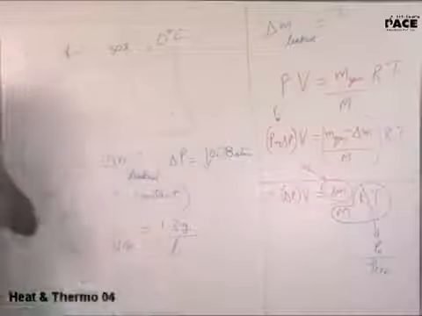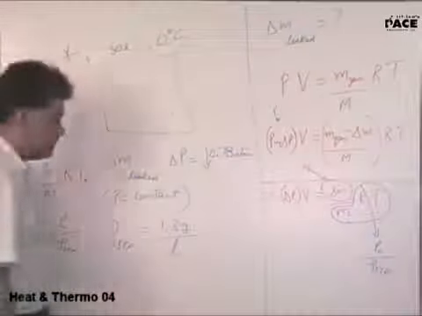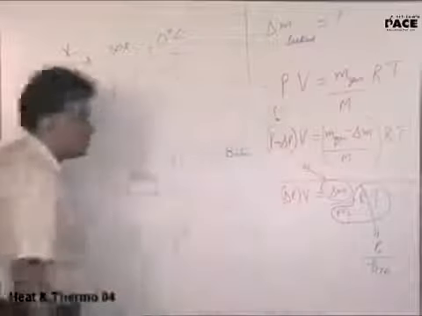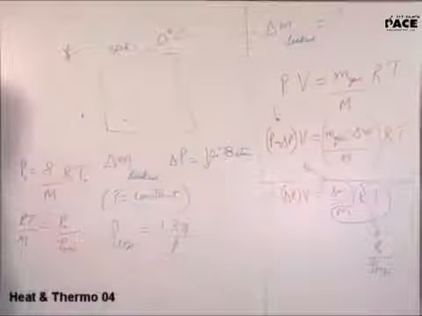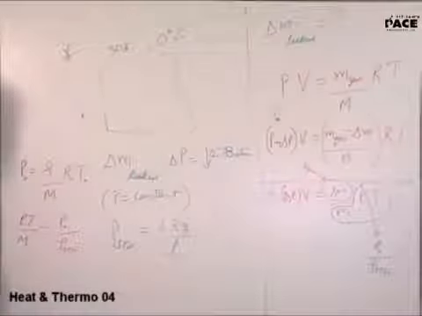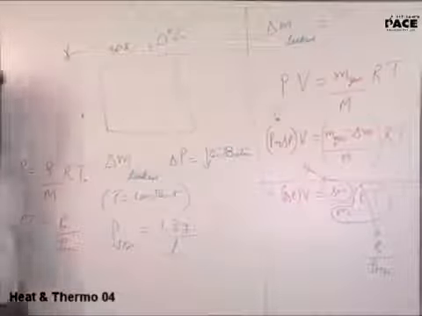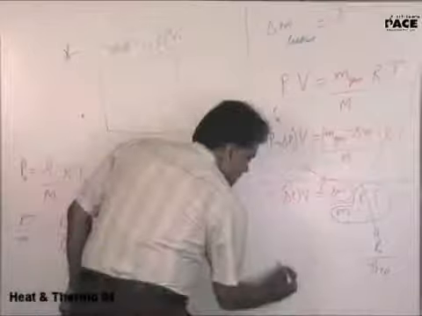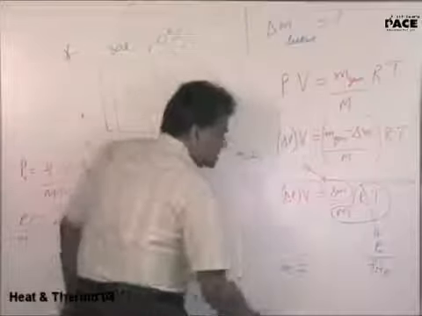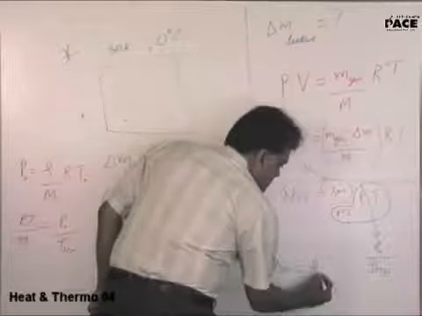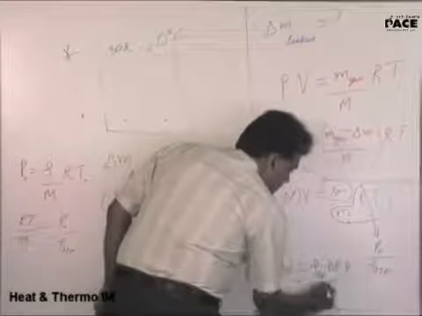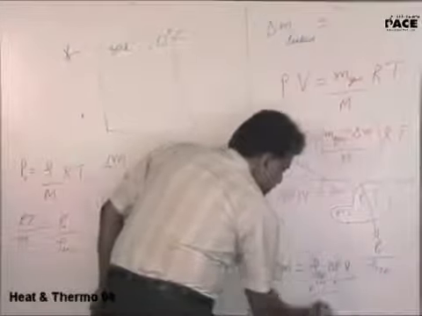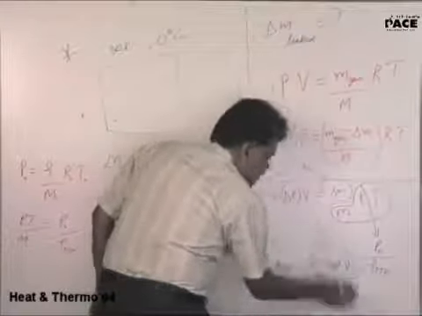You get your delta M from here. P naught should be taken as 1 atmosphere. Delta P is also in atmosphere. So delta M equals rho STP times delta P into V by P naught. Calculate this.